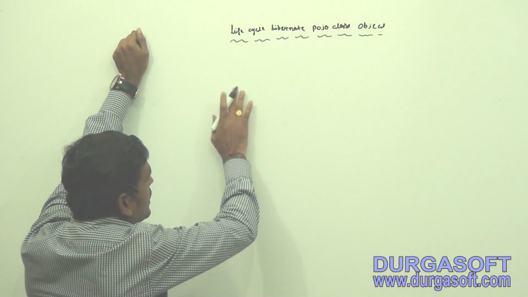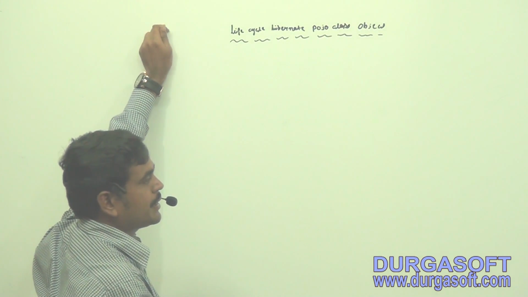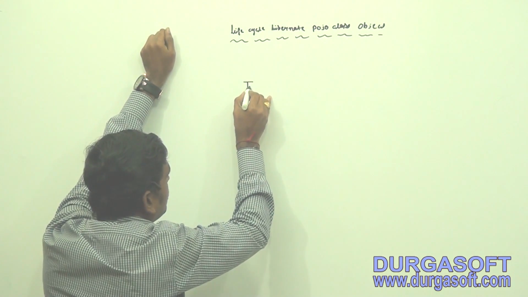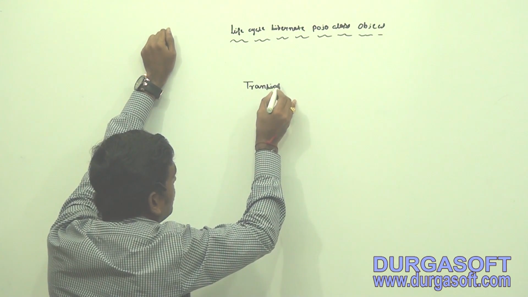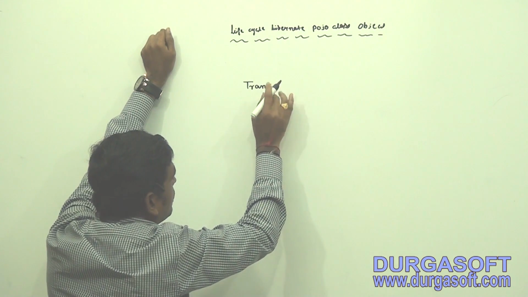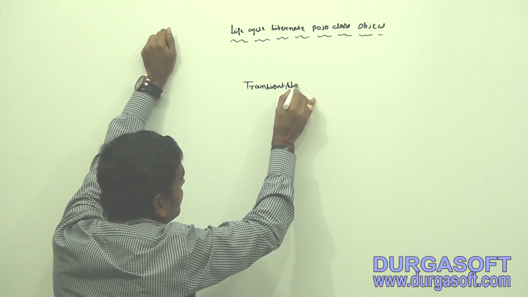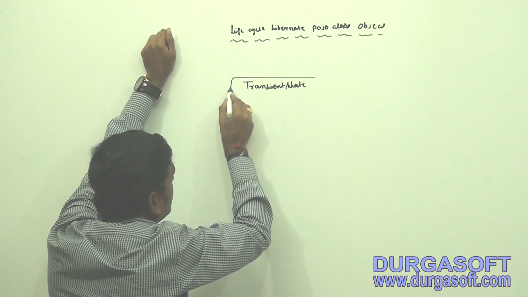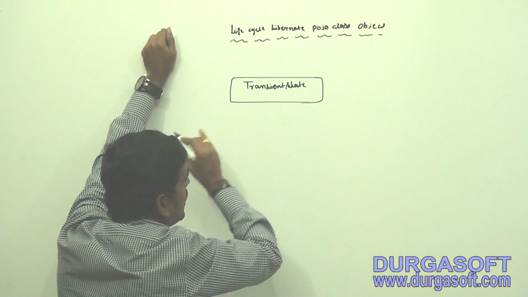So now initially every object is in the transient state.